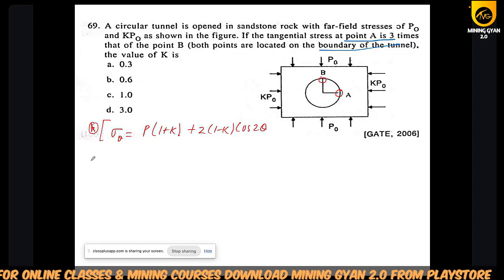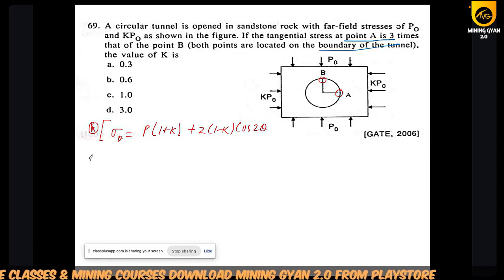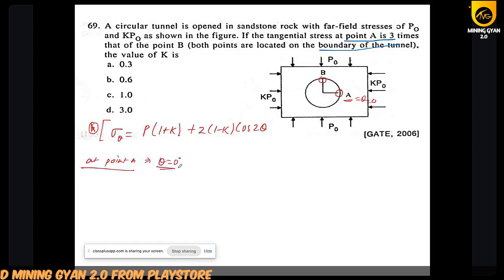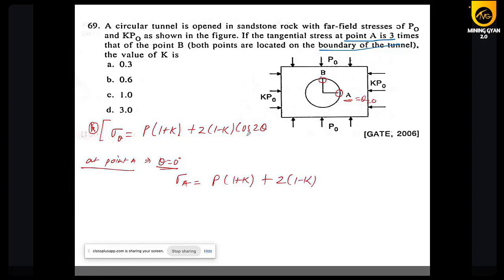So at point A, theta equal to 0 degree. So stress at A will be P/2 [(1 + K) + 2(1 − K)], and cos 0 becomes 1. So the value will become P/2 (3 − K). Okay, that is sigma a.